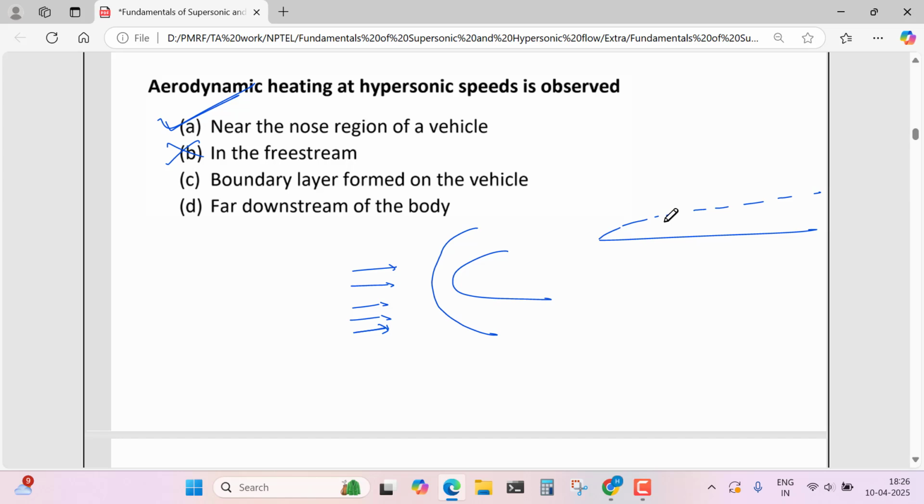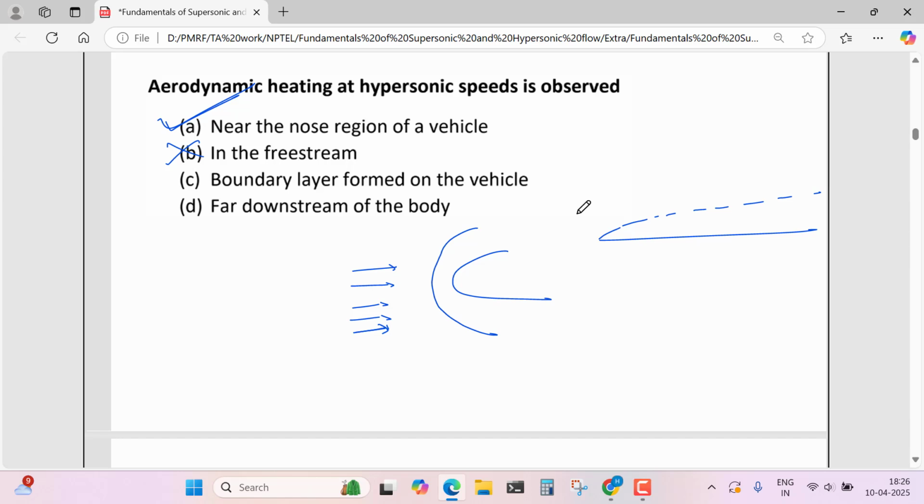the flow will be affected by the viscosity inside the boundary layer. Due to the viscosity at the wall or at the body, the flow velocity will be zero. So at hypersonic speed, the flow velocity decreases from high velocity to almost zero near the body.